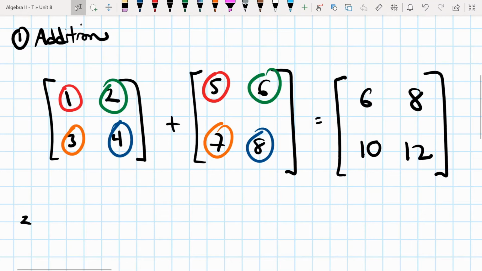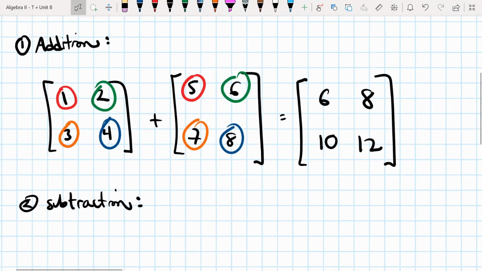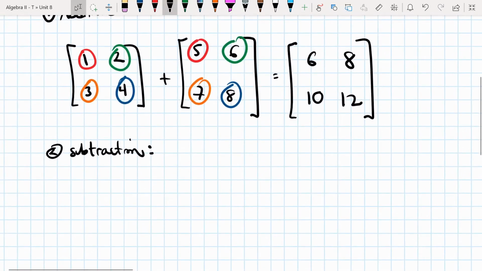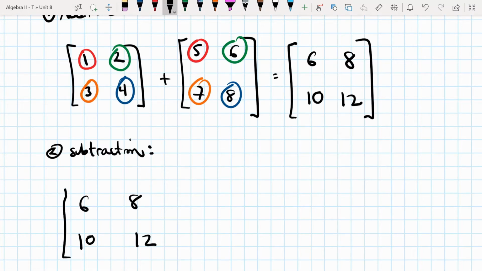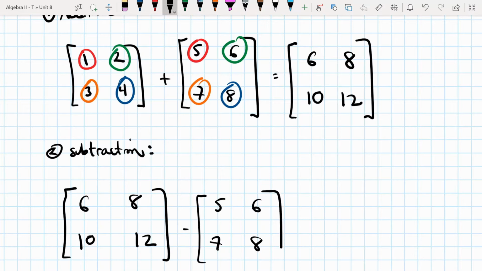Okay, subtraction. So let's do the same thing. Let's do 6, 8, 10, and 12. And let's subtract 5, 6, 7, and 8. Okay. It's going to be the same exact thing, except instead of addition, it's subtraction now.